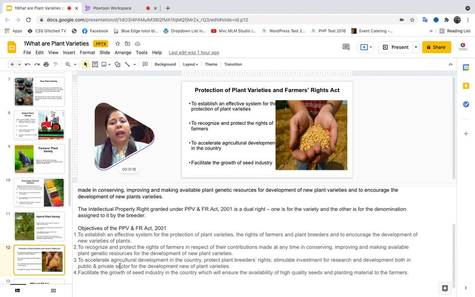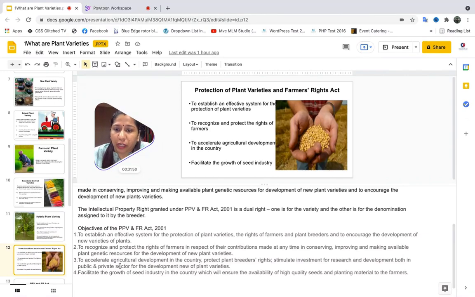We all know that India is an agriculture based country. We grow on our land, we export it, we sometimes import it also, but India is basically an agriculture based country. So to accelerate agricultural development, to protect the plant breeders' rights, to stimulate investment for research and development of plant breeding, for the research and development of new plant species or new plant varieties, this act was given.